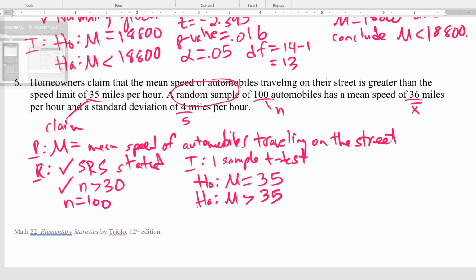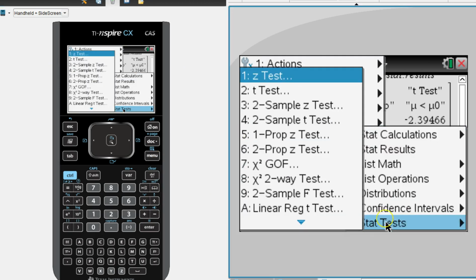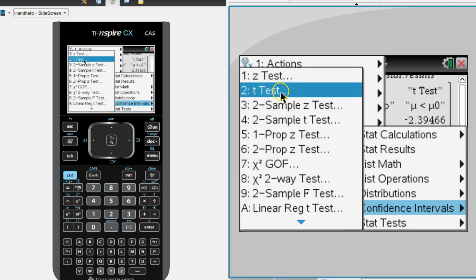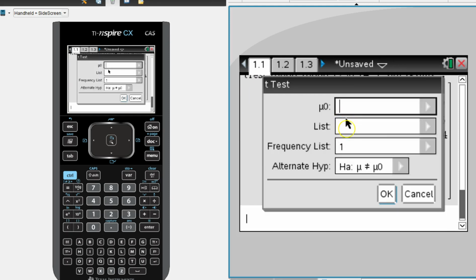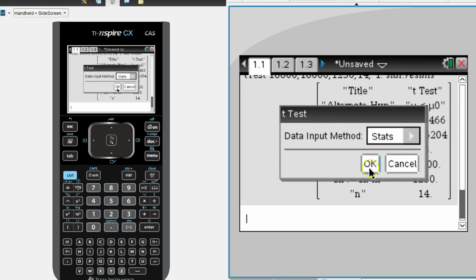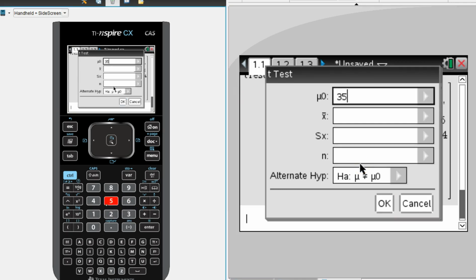Based on all this, we can run a test. Menu, statistics, tests, t-test. We have the statistics. By the way, if you do this one and you go in there, it's going to ask for a list. That should stop you. Hit escape, change it to statistics. No big deal. The claim was 35.